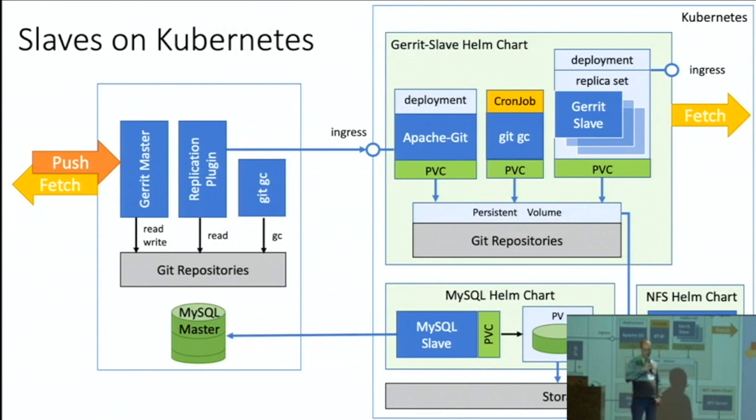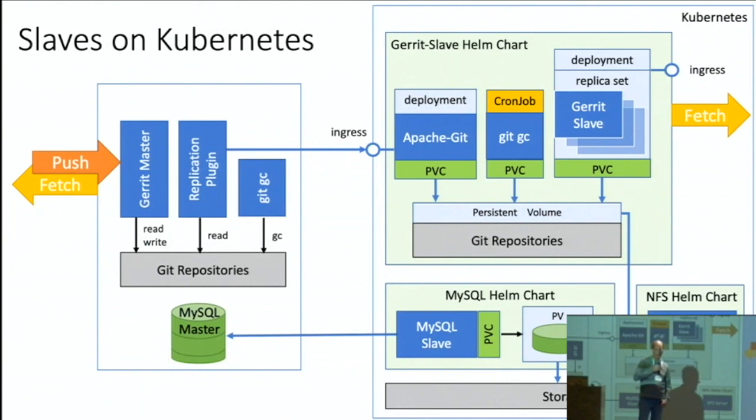In order to set up the slave database, we also need to initialize the database with a backup from the master. This is done through an init container, which runs when the MySQL pod comes up. First, the init container will be executed, and that will wait until the database backup is imported into the database, and then it will automatically start up the database.